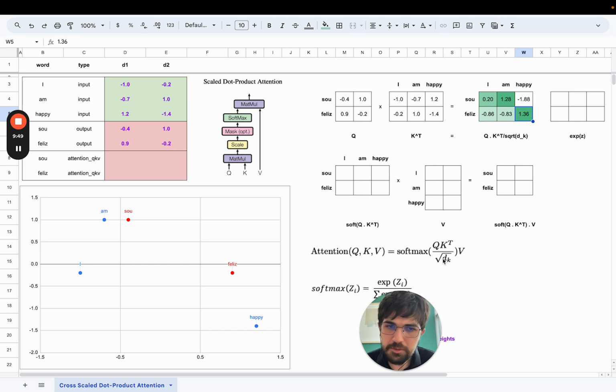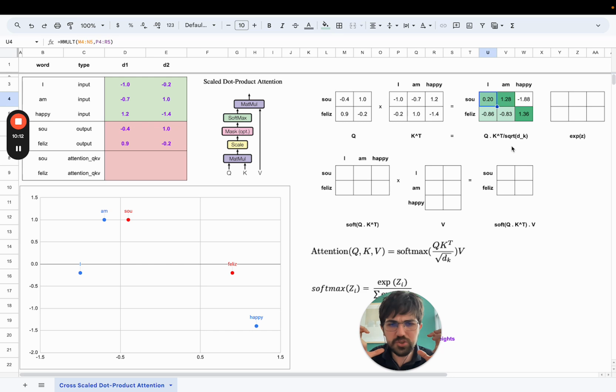And actually in the paper, if you apply this multiplication to an embedding that is very big, those values tend to be very large, and usually for neural networks we want small values, because large values make the gradients explode.